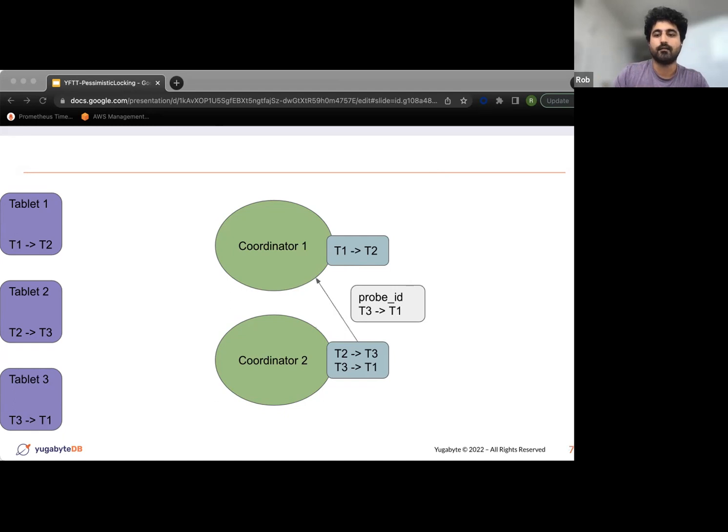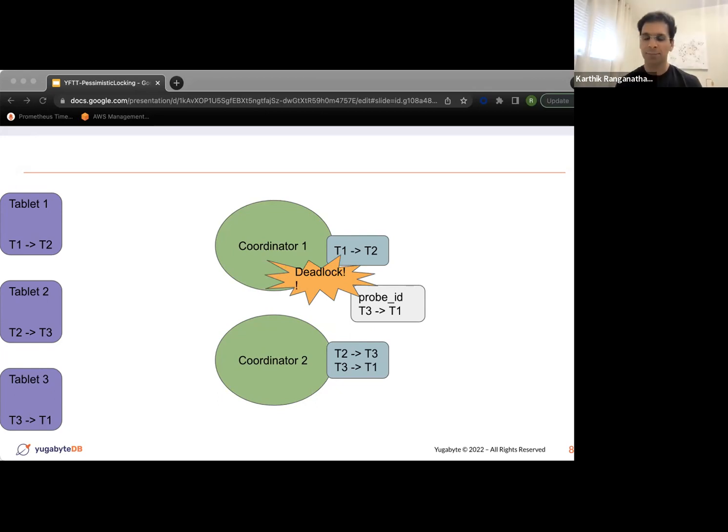So now I can send back to coordinator 1, for this probe ID, I have T3 waiting on T1. Coordinator 1 knows all of the probe IDs that it's sent and knows which waiting transaction originated that probe, and recognizes that probe ID was originated by T1, so this is a deadlock. Essentially, we can claim now that T1 exists within a cycle. And so we declare deadlock, and we begin the process of resolving that deadlock from there.